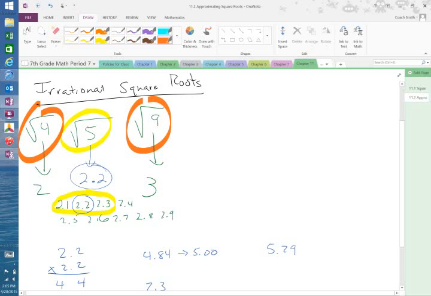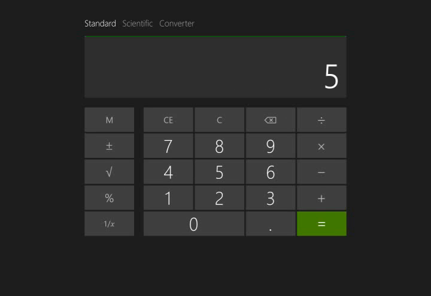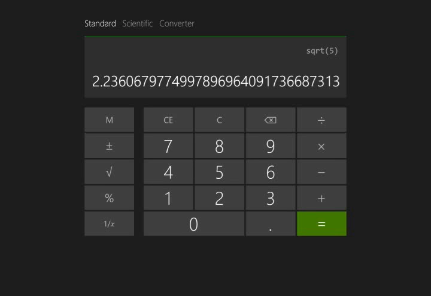So this is a perfect square, that's a perfect square. This is not a perfect square, but it falls in between the two. And so that means that since the square root of 4 is 2 and the square root of 9 is 3, my number has to be one of these numbers right here. Now, if you actually approximate it, let's look at the actual approximation of the square root of 5. There it is.